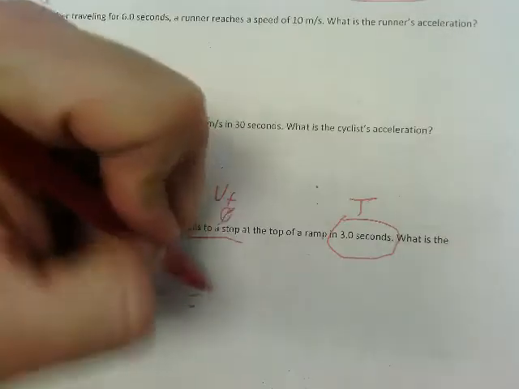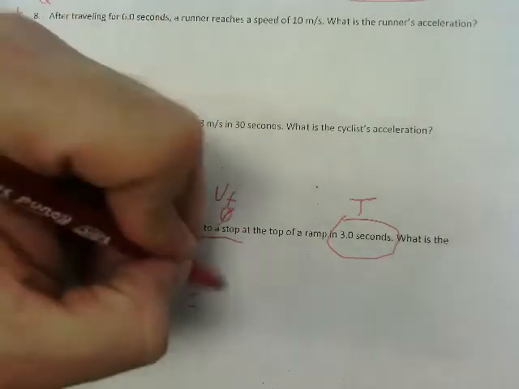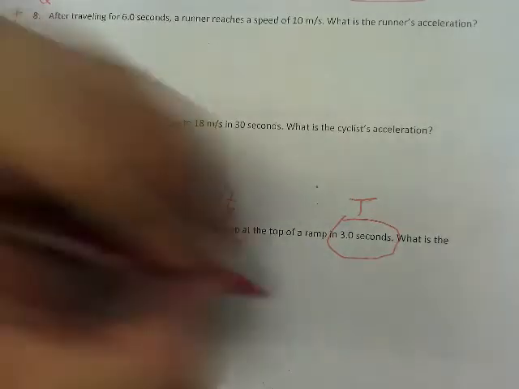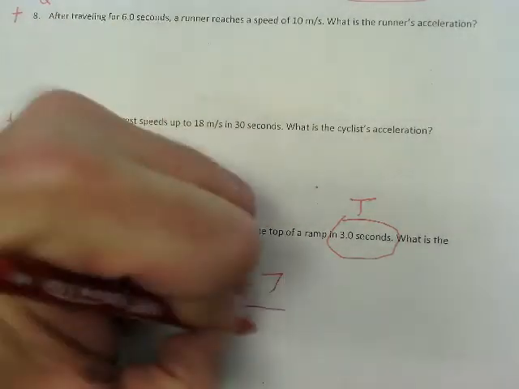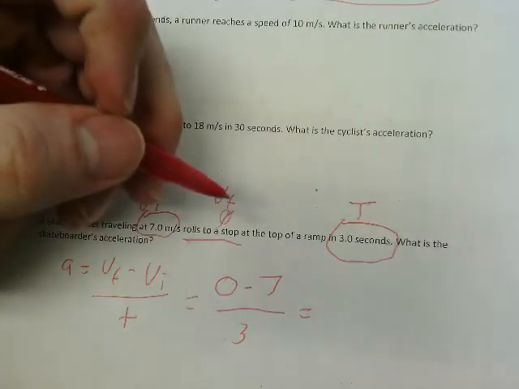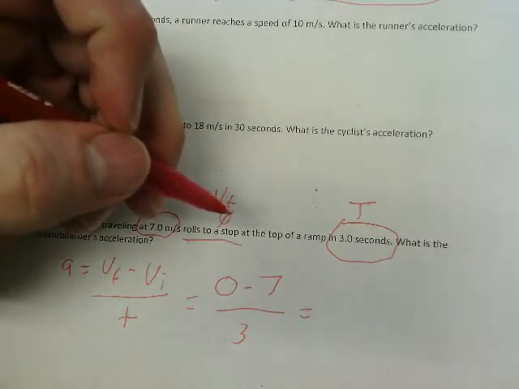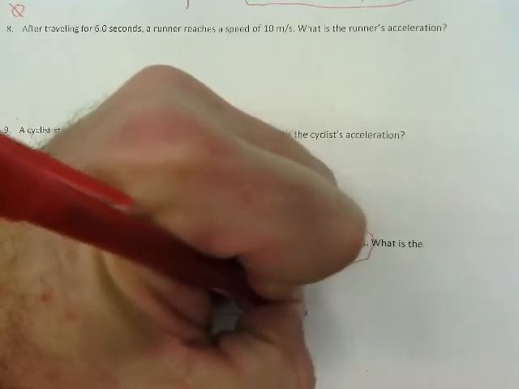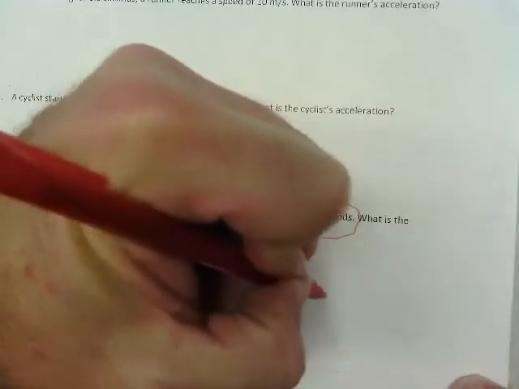So, rolls to a stop. So 0 minus 7 over 3. So negative 7 divided by 3 is negative 2.3 meters per second squared.